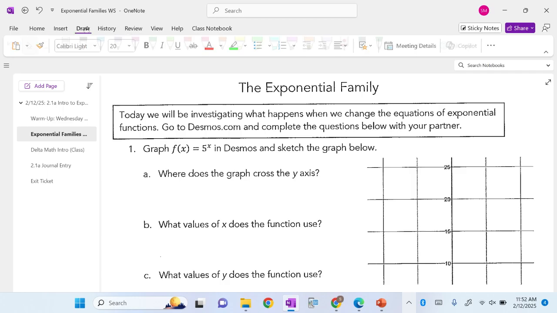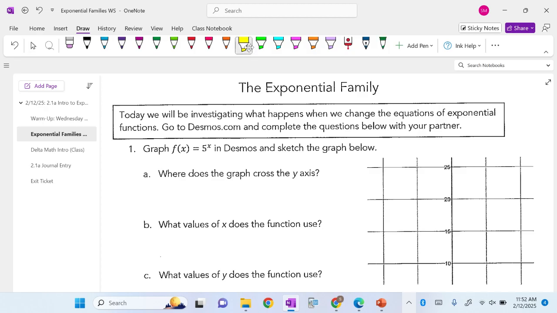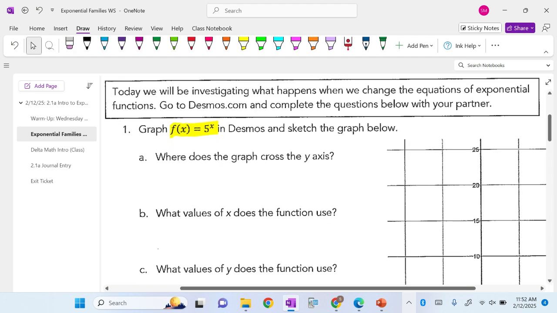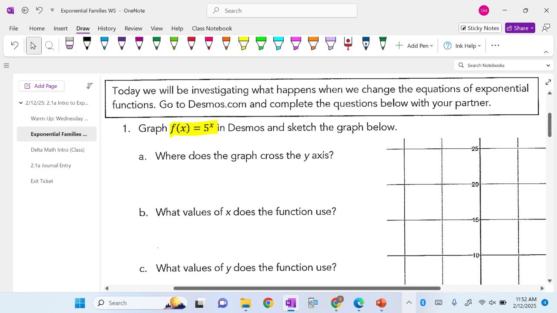First thing I want you to do is in Desmos, take a minute, graph this function right here. So f of x is equal to 5^x, or y is equal to 5^x, 5 raised to the x power. And then do a quick sketch of the graph. And that's all I want you to do. Don't start answering the questions yet. So again, exponential family worksheet, for number 1, put y equals f of 5^x in Desmos and draw a sketch of the graph.